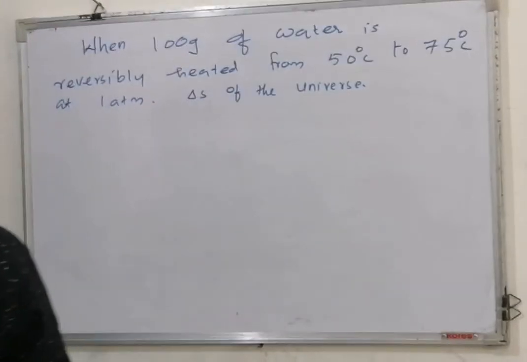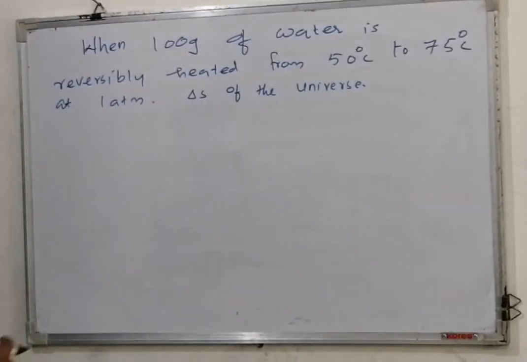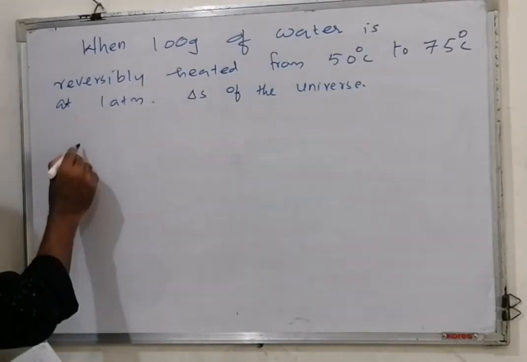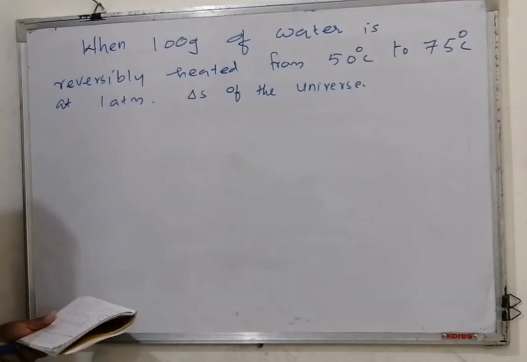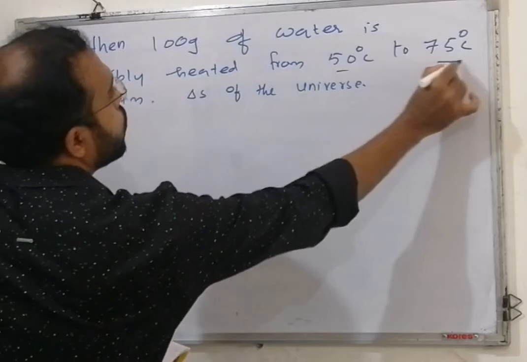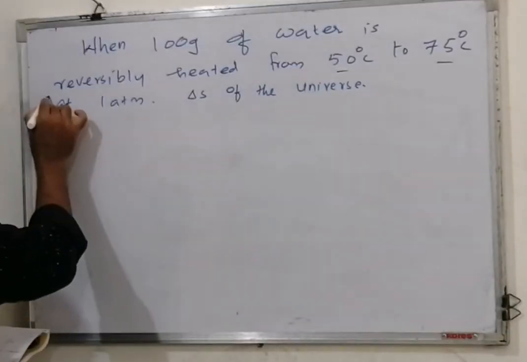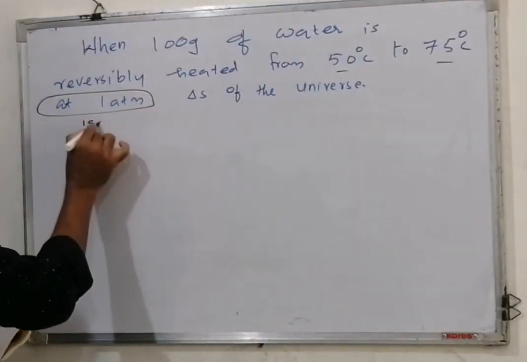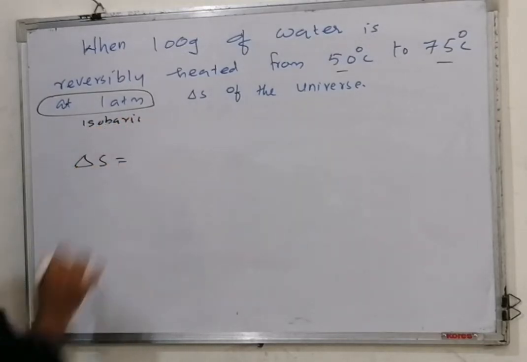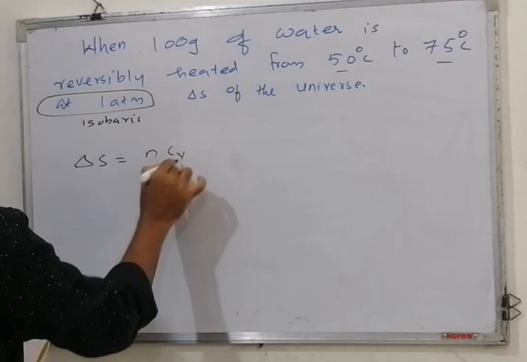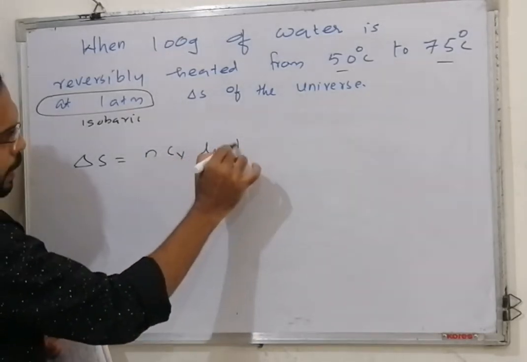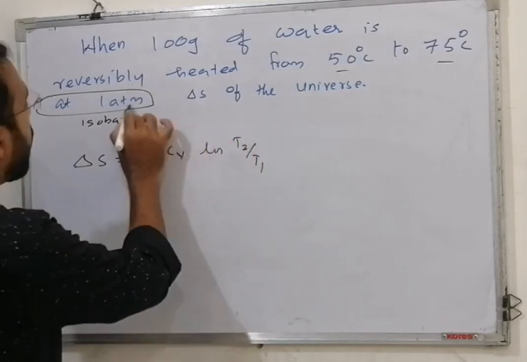100 gram of water is heated from this temperature to this at 1 atm. Therefore, it is isobaric. We are very lucky. Isobaric. Therefore, delta S is equal to n C ln T2 by T1, because isobaric.